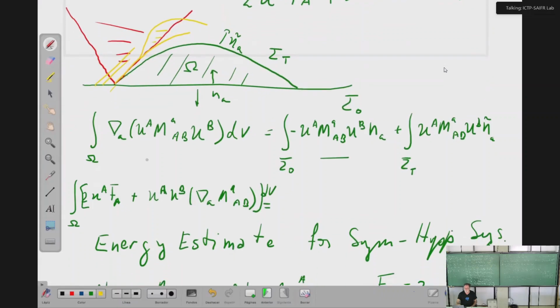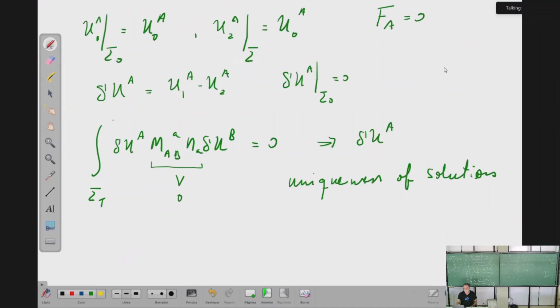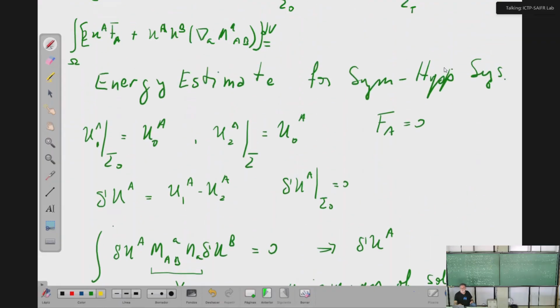So this is the proof of the validity of the ideas of domain of dependence and influence. So that's the simplest thing.